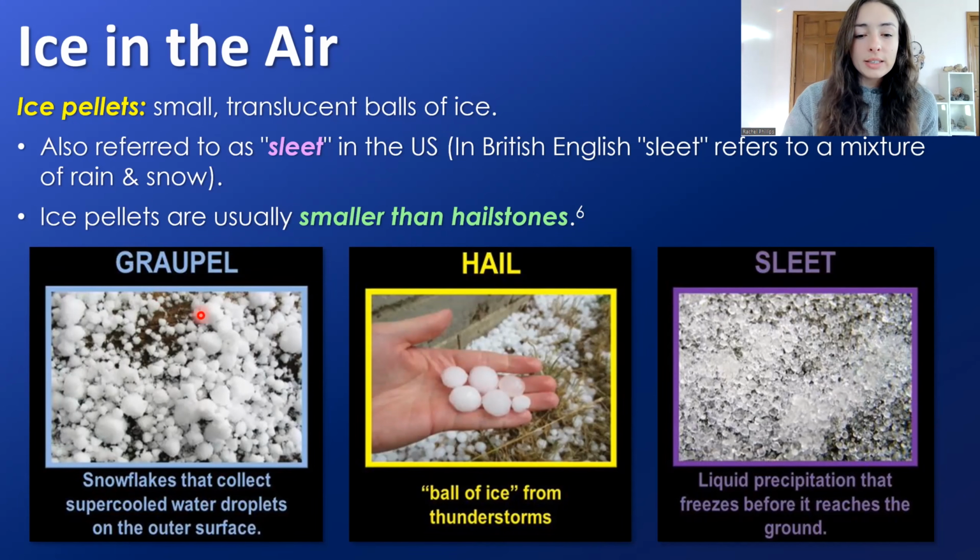And graupel is different. Instead of ice balls, it's snowflakes that collect super cold water droplets on their outer surface. Now, I'm going to mention this term, super cold, a couple more times throughout this video. All super cold means is that it's water existing at a colder temperature than freezing.